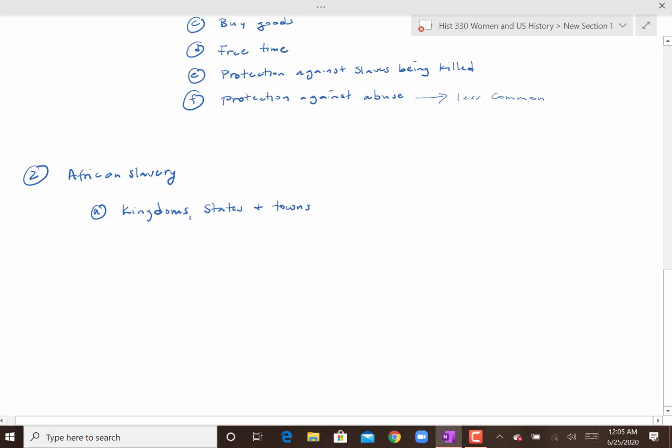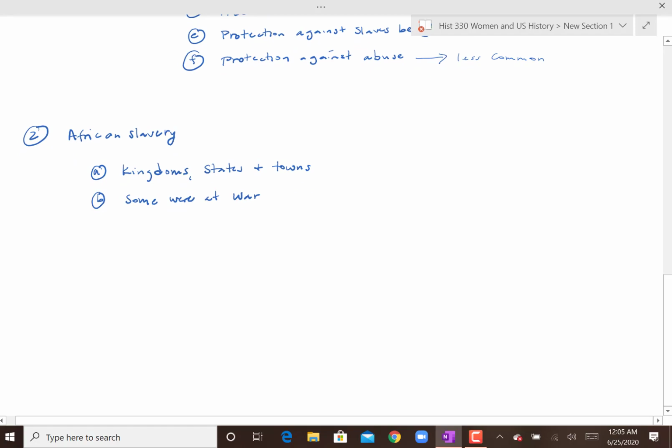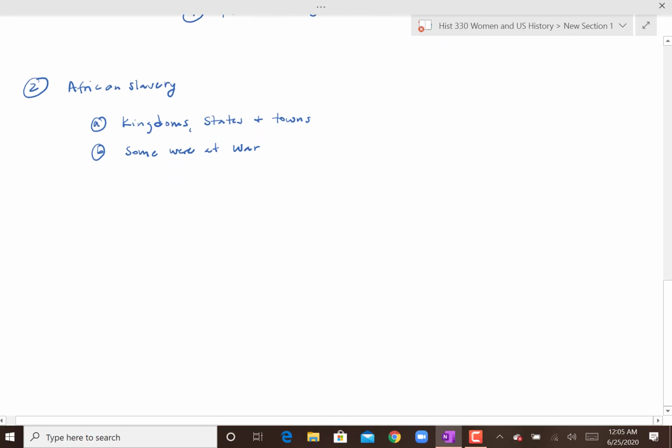They had a variety of relationships with each other. Some were at war. Some got along and had trade. Some ignored others. But there was war between some of these kingdoms and states as they tried to expand and become larger and more important.